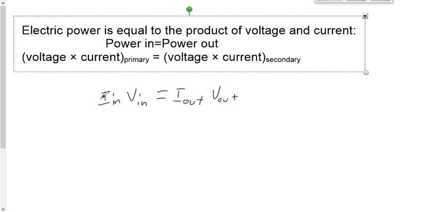So let's say I have a transformer where I have a certain amount of current coming in, let's just say it's 100 amps, and a voltage coming in, let's just say 1,000 volts, and I know what my voltage output is going to be. I always divide each side by the voltage output, and I would be able to solve for how many amps of current I have coming out of that system.